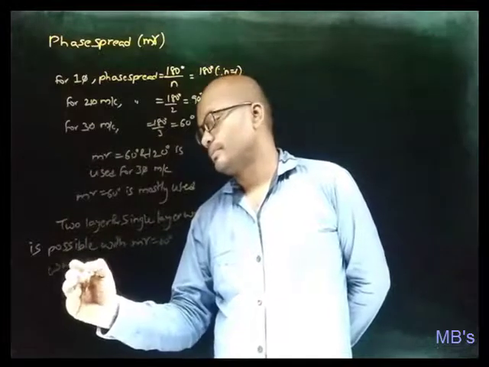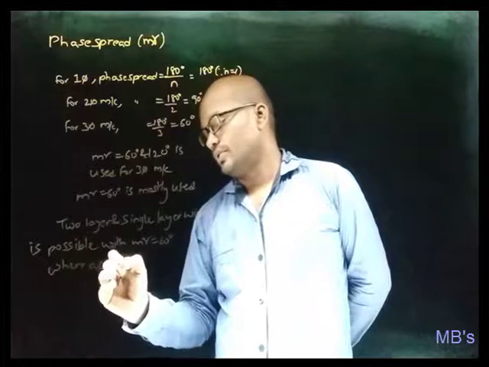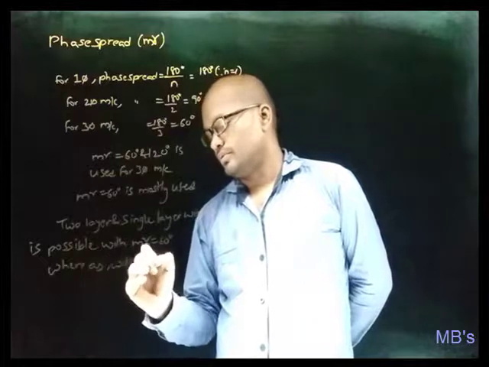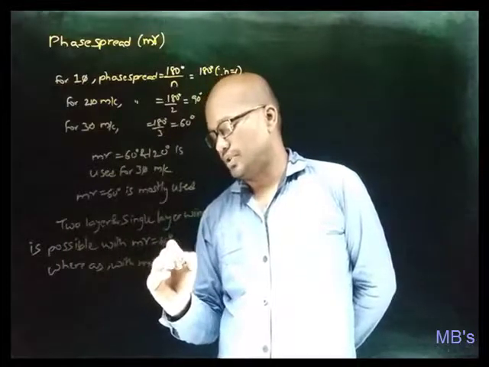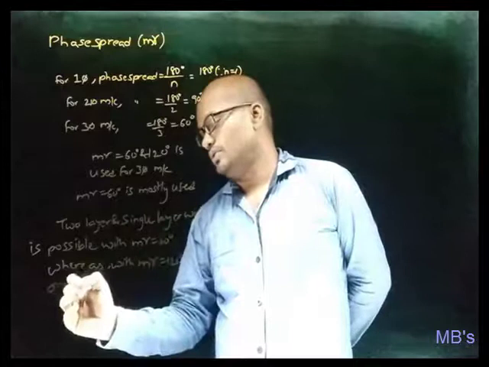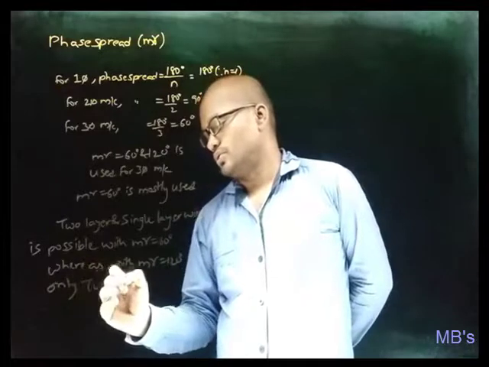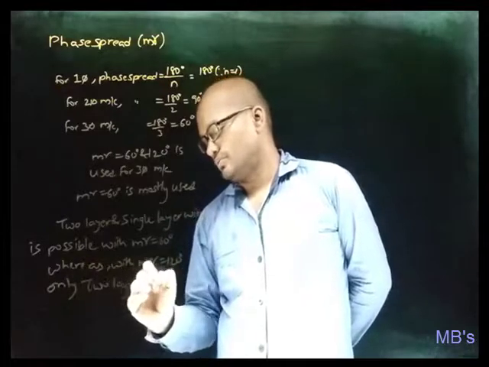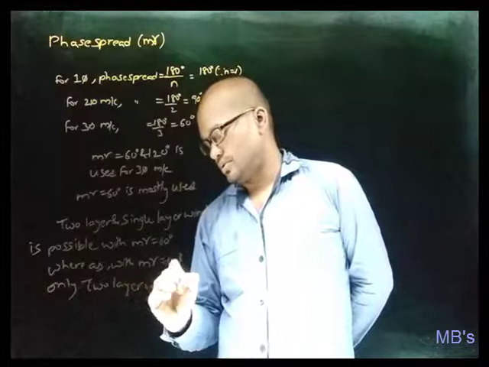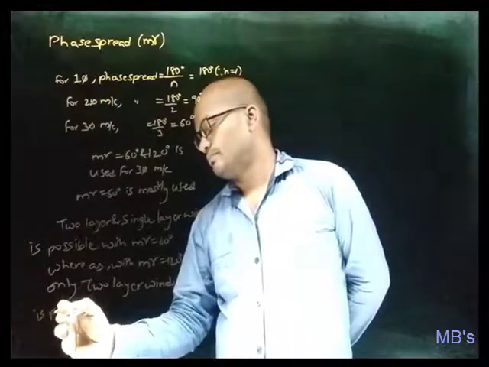Whereas with phase spread of 120 degrees, only 2-layer winding is possible.